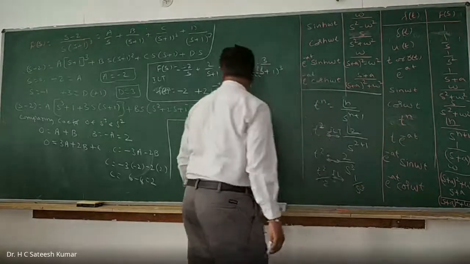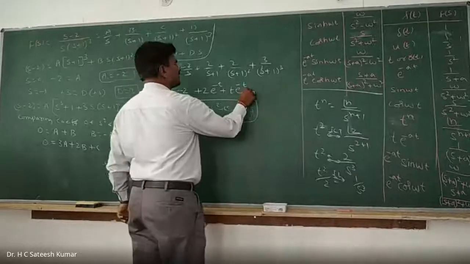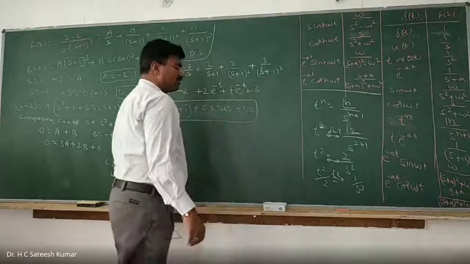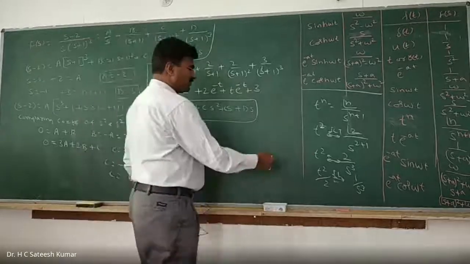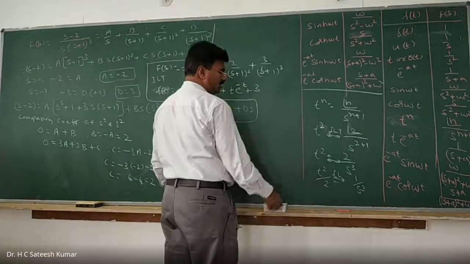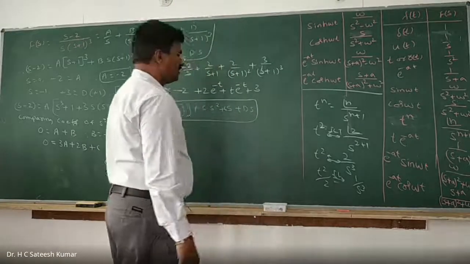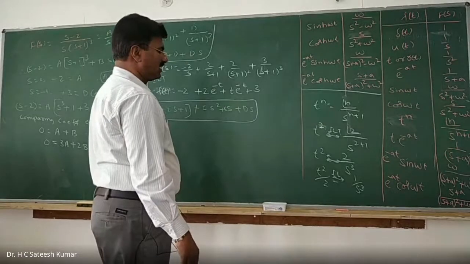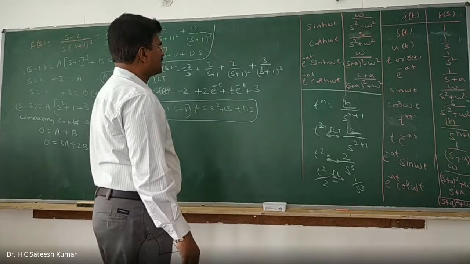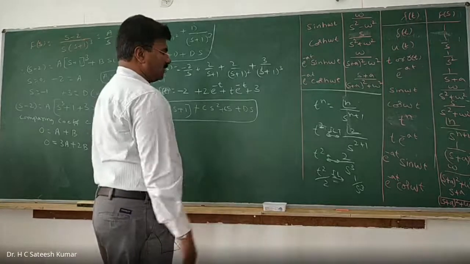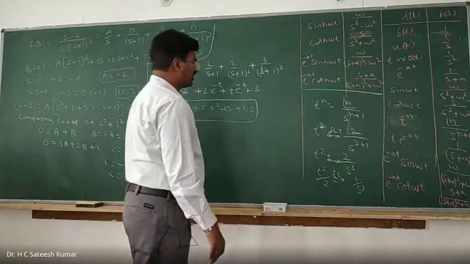So therefore, this is nothing but equal to 3, the constant you take it. And 1 by S cube is t square by 2.